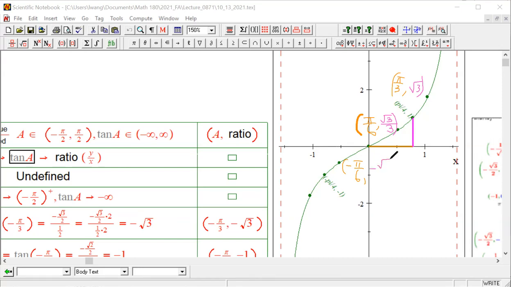And that's negative pi over 4, right? And the ratio is -1. And this last point that we plotted is the orange is negative pi over 3, comma, negative √3 in purple.